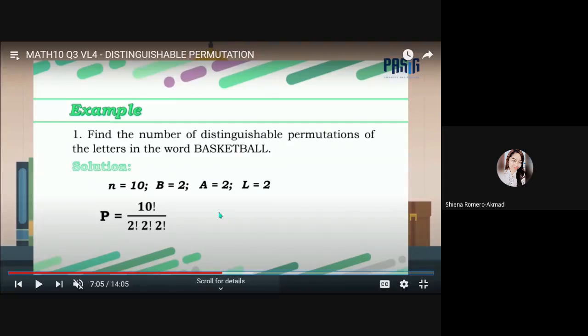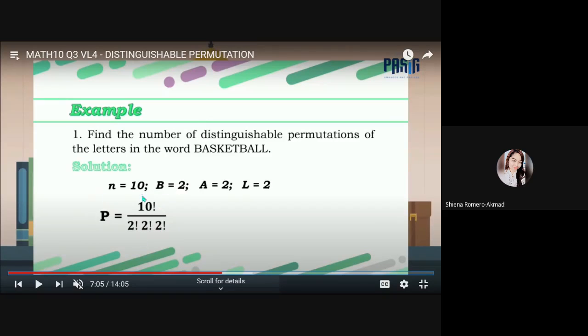So, if you write it in permutation, using the permutation formula for distinguishable, we have the permutation equal to 10 factorial divided by 2 factorial times 2 factorial times 2 factorial.